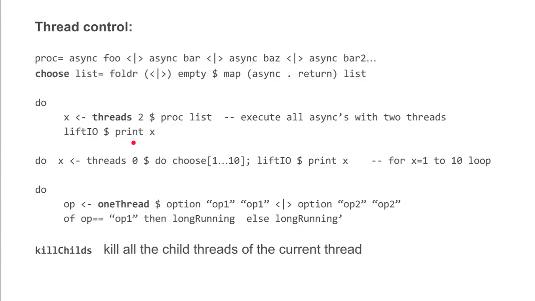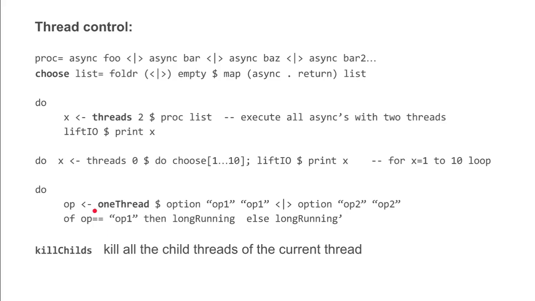Another useful thread control primitive is oneThread. The usefulness of this is as follows. We can generate a big number of threads, even if we have here threads 1. Imagine each time that we select an option, it generates a new thread here.